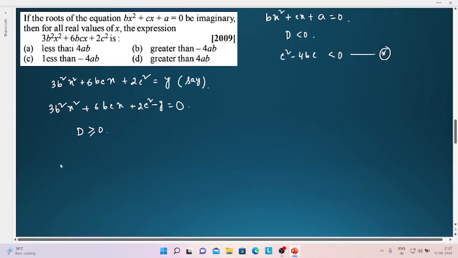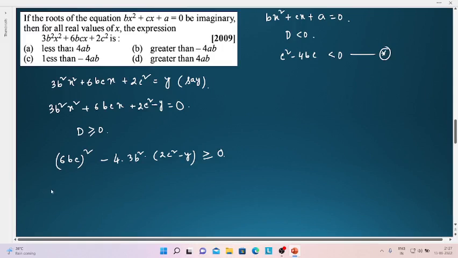Let me check what the discriminant will be. It will be 6bc whole square minus 4 times 3b square times 2c square minus y, which is greater than or equal to 0.